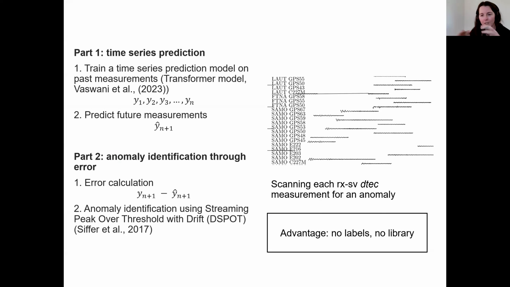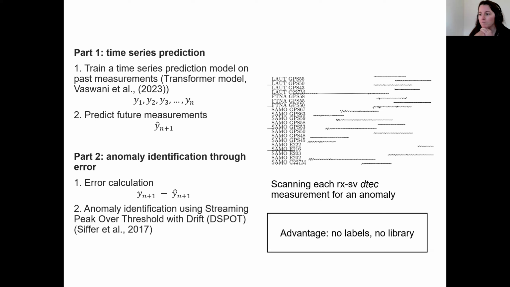We want to be monitoring something in near real time, and we want to raise a flag when we say this looks weird. And that's essentially it. We're not trying to identify what it is, or much else, like the frequency or the velocity. It's very simple: is this an anomaly or not?